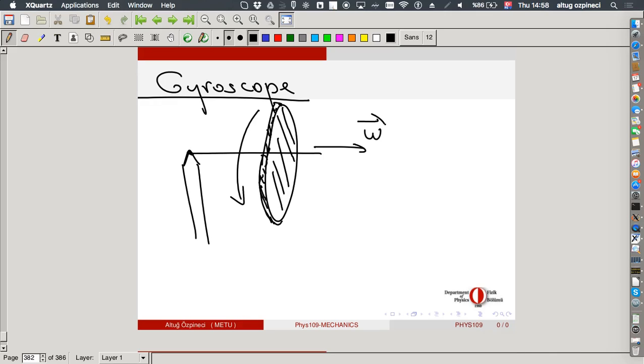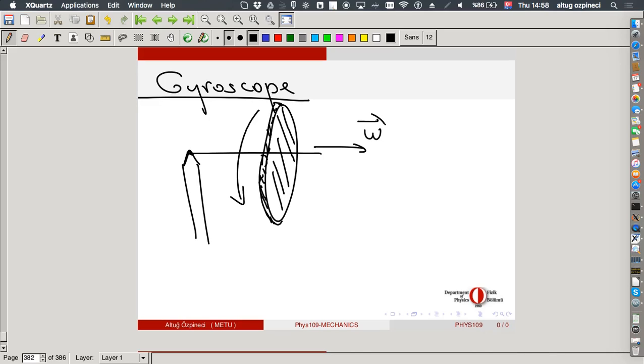That's the reason why we should give it an initially large angular velocity. Unless we give it a very large angular velocity, the wheel will just fall down, as you would expect. So the wheel is rotating fast enough that we can ignore any other component of angular velocity.